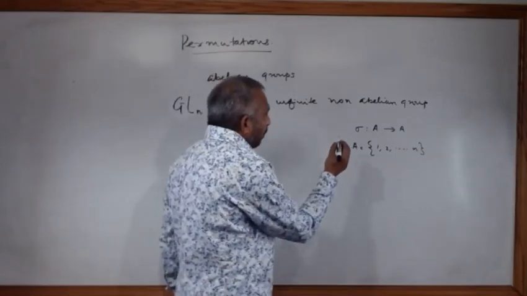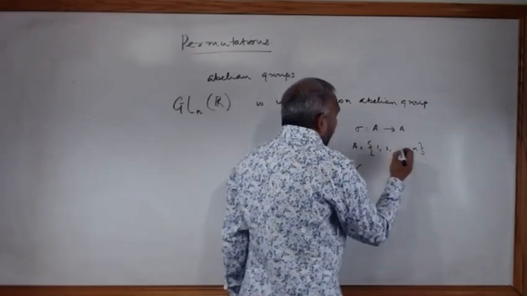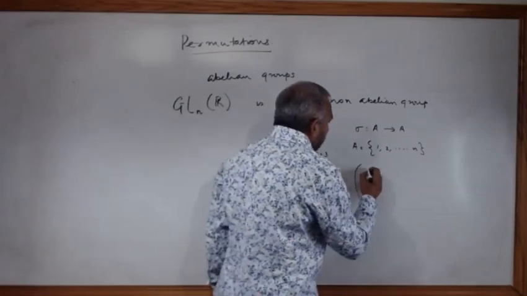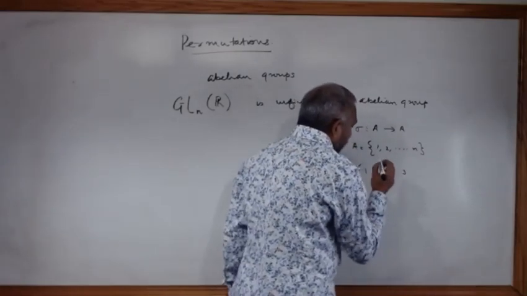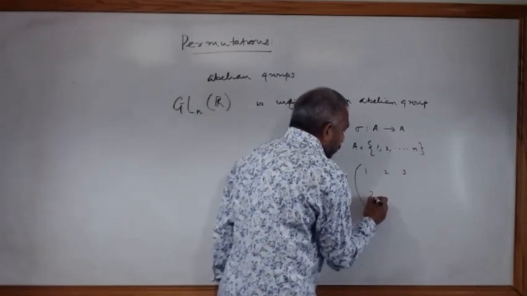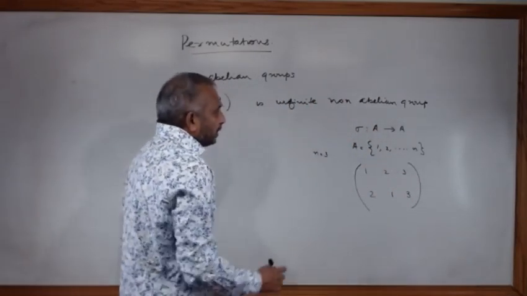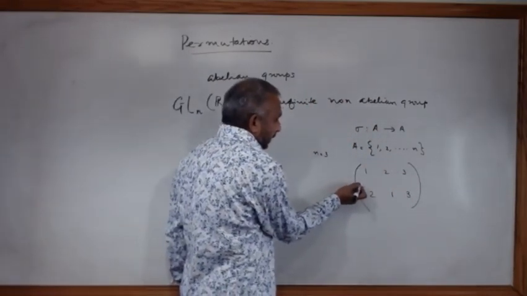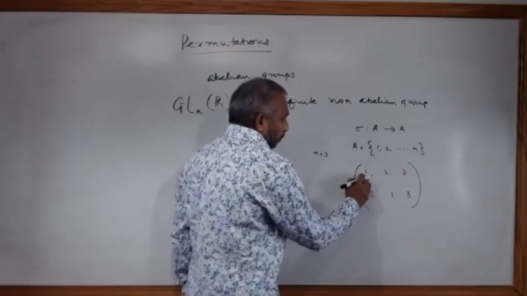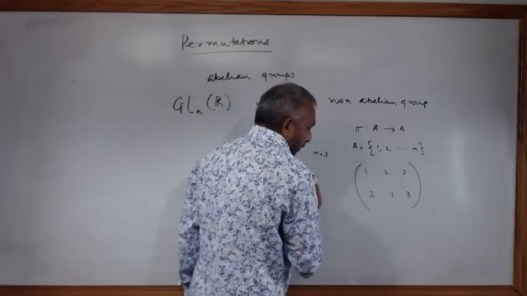For example, take n equal to 3. We need to map 1, 2 and 3 to the same set, probably 2, 1, 3. This is how we are going to represent a permutation. Within a bracket, this is the source and this is the image of that map.